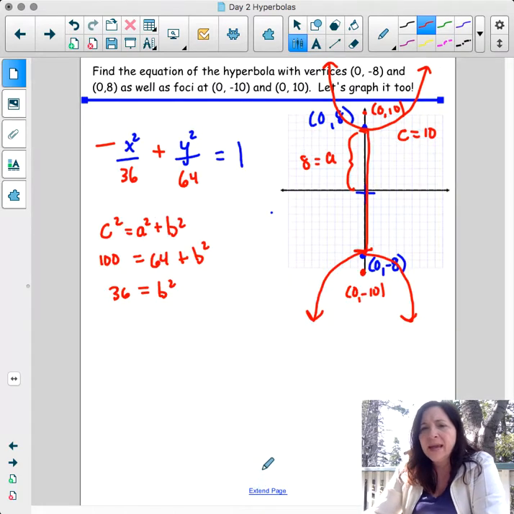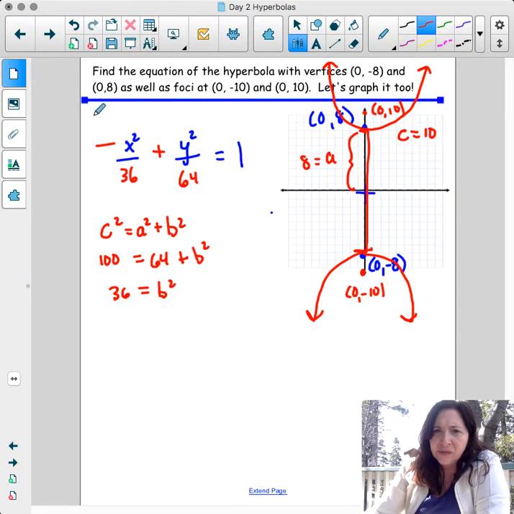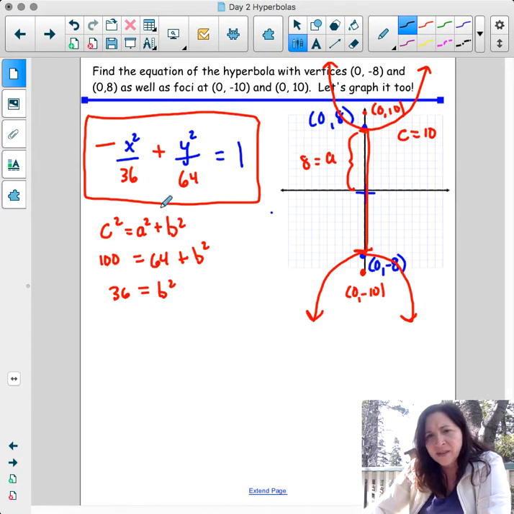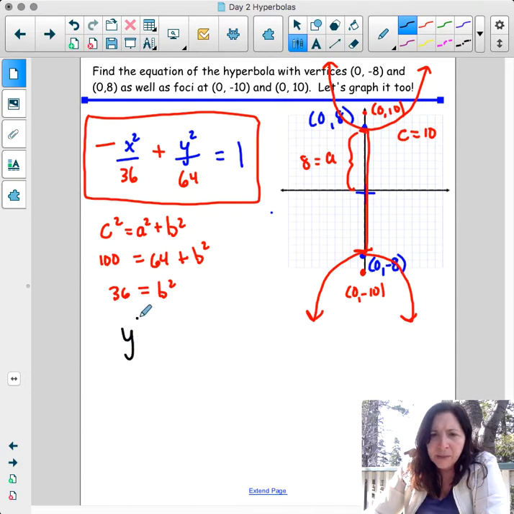Now, this is the equation of my hyperbola, which we have graphed. The only other thing I would suggest is that there is another way to write this. Depending on who your instructor is and what book you're using, a lot of books like to put the y coordinate first, the positive term first.